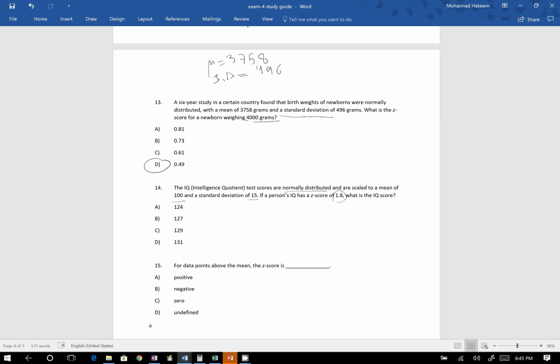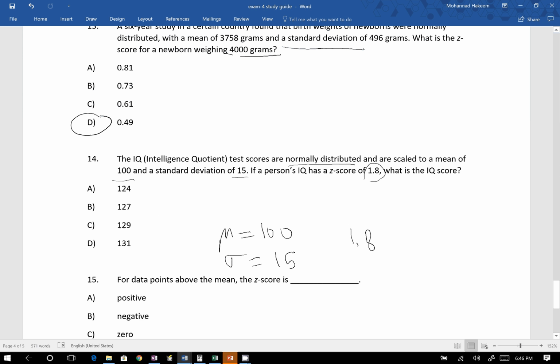So you have a mean of 100, a standard deviation of 15, and a z-score of 1.8. So this is the mean, 100. This is one standard deviation, which is equivalent to 15.